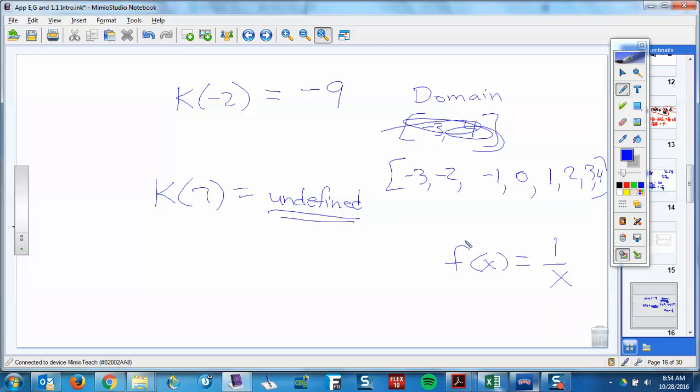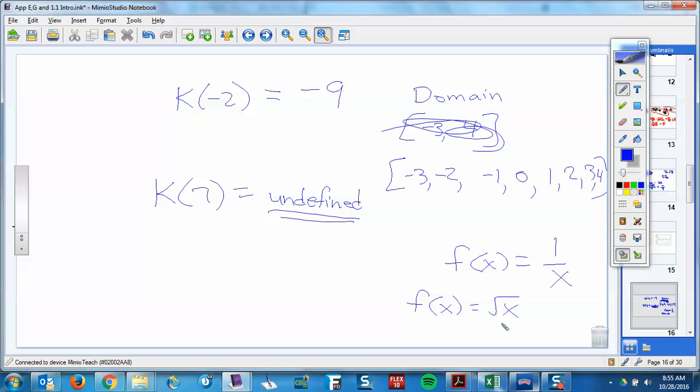Okay? If I said f of x was equal to square root of x, and I asked you for f of negative 3, what would you say? Undefined, square root of negative 3, over the real numbers, right? You could get into i's and imaginary numbers, right? But let's just say we're doing real numbers, which we are in calculus most of the time, at least in our calculus.